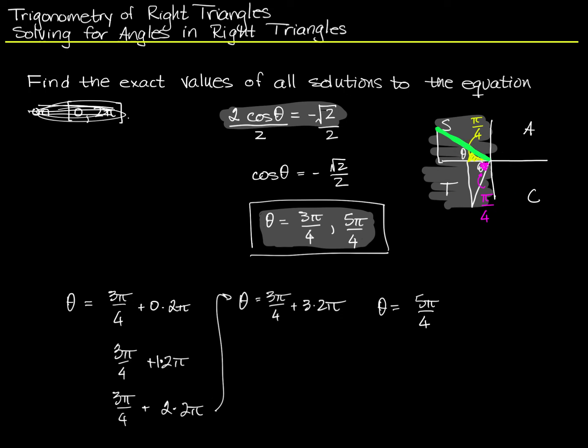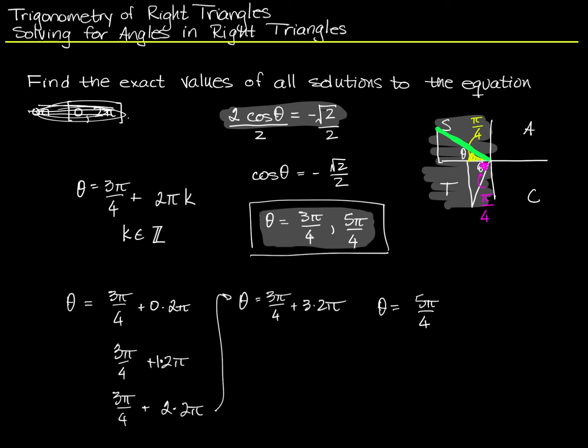So how can I write this list of solutions without having to write forever? The answer, and we've barely touched on this once before, is that I can write theta equals 3 pi over 4 plus 2 pi k, where k is an integer.